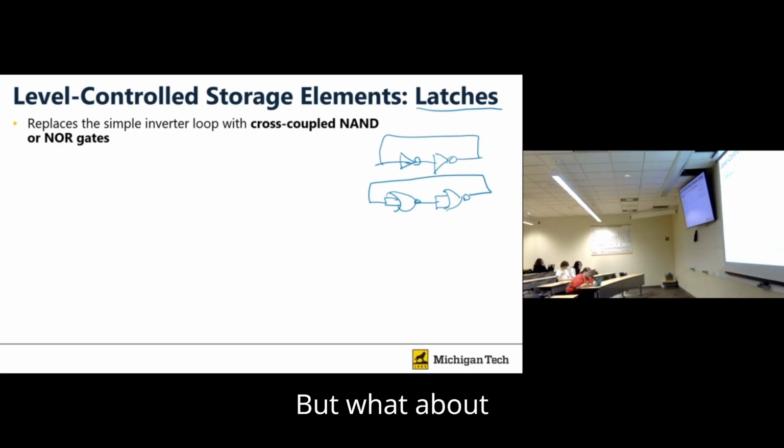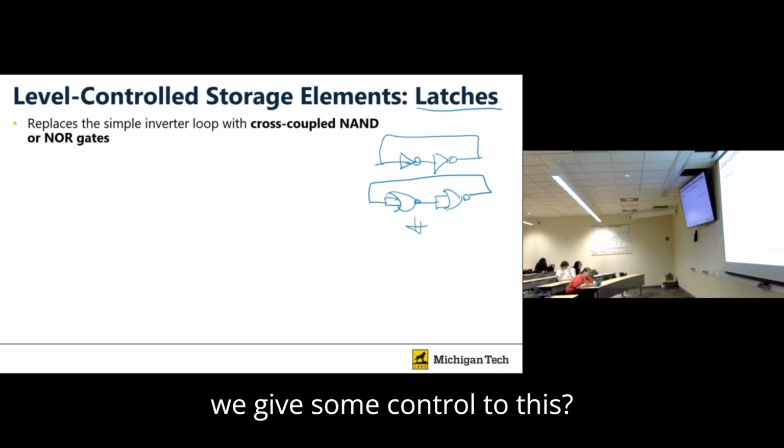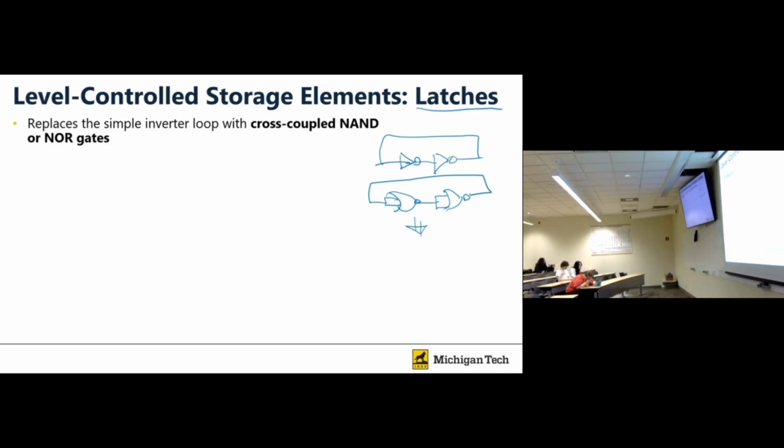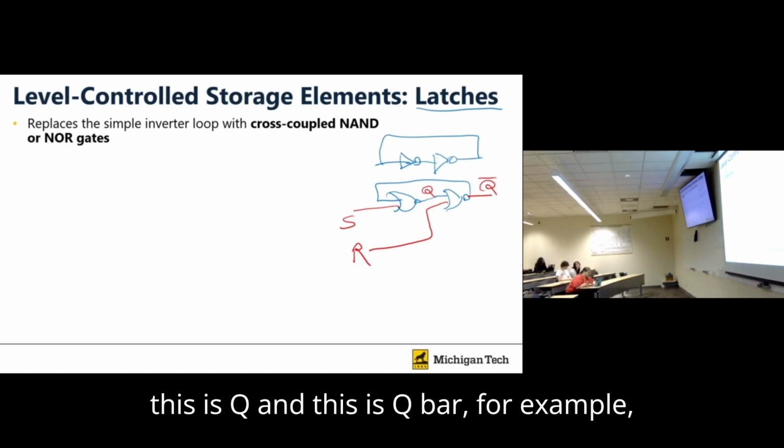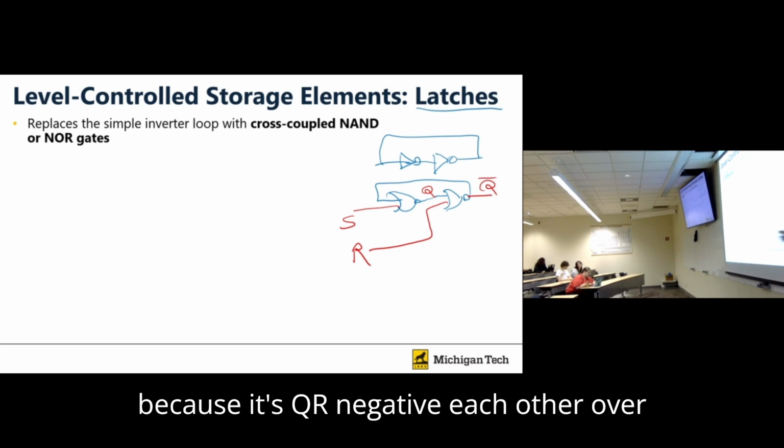But what about we give some control to this? We take this input and this input to something else, like for example, S and R set and reset, and this is Q and this is Q bar, because these two are negatives of each other all the time.